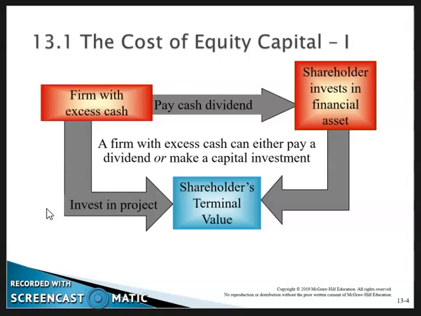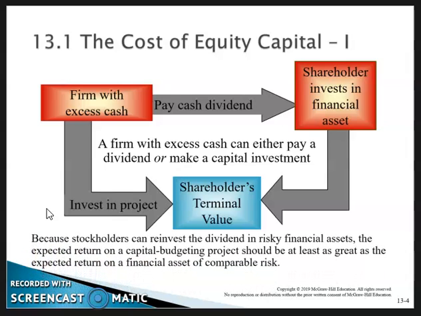So this is why previously we calculated IRRs and NPVs based on a cost of capital. If the return on a project is less than that cost of capital, they would be better off by paying the shareholder a dividend, because they have the opportunity to reinvest that money. So since they have the opportunity to invest, we need to use that appropriate discount rate.